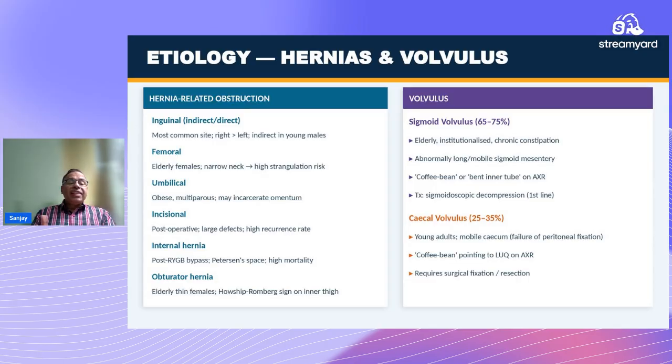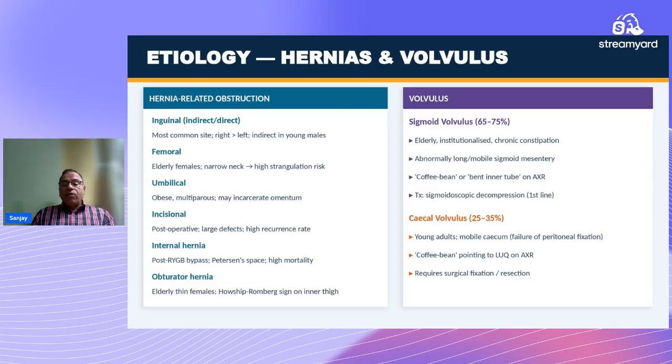So it can easily rotate on its long axis along the mesentery and cause volvulus. Classically, a coffee bean sign or a bent inner tube on abdominal x-ray is a typical finding, and the treatment always remains sigmoidoscopic decompression, which is the first line of treatment. If it fails, then only open surgery should be preferred.